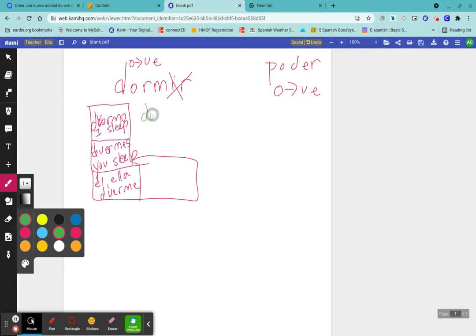So here we would have dormimos, we sleep. So some verbs are categorized as stem changing verbs in the present tense, like these. Some are regular, like the ones we've seen so far, but these are considered to be a little bit irregular. And then we have dormís for vosotros. Y'all, if you're from Spain, you use vosotros, sleep. And then the last one we have, we're going back into the boot now.